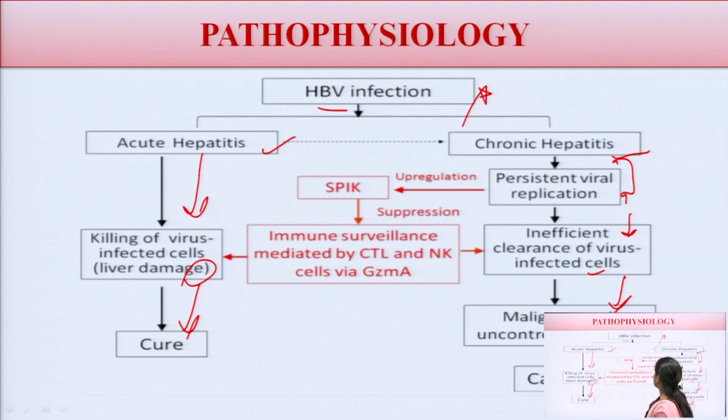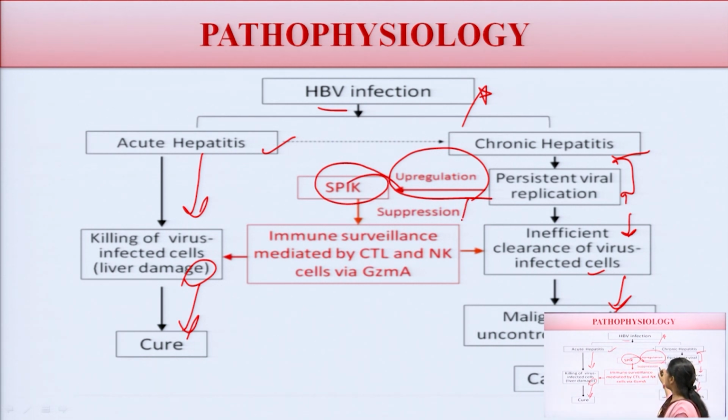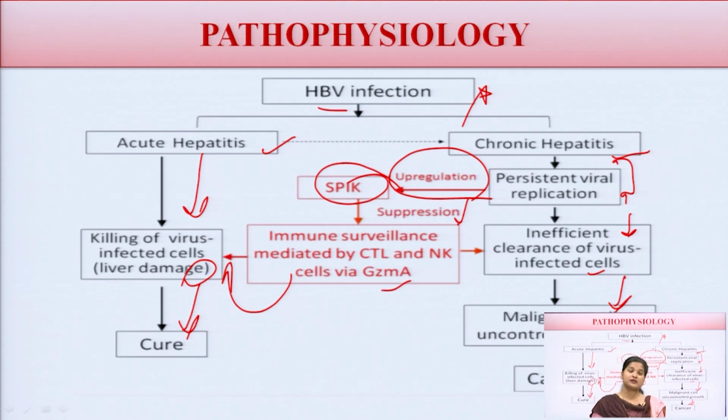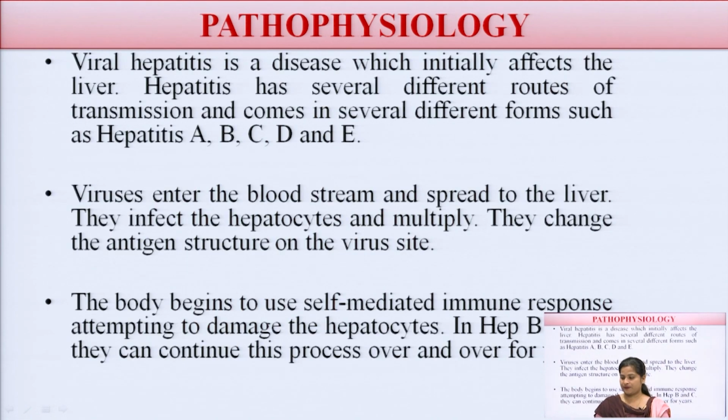There is an upregulation and a suppression which affect immune surveillance mediated by CTL and NK pathways, through the enzyme GZMA, which causes killing of the infected virus cells, and due to this acute hepatitis is healed.